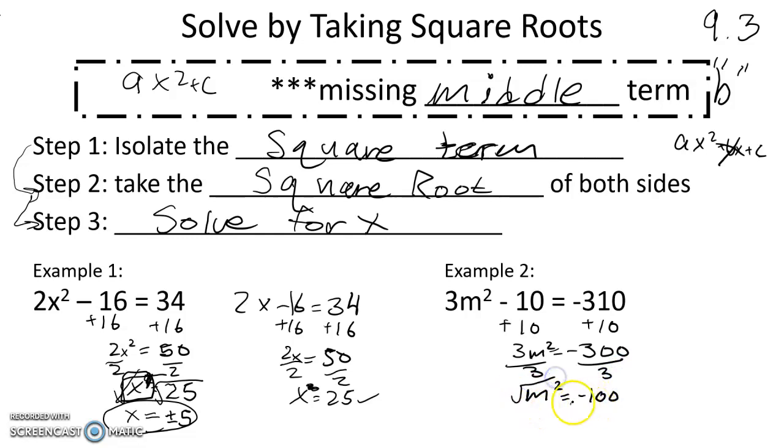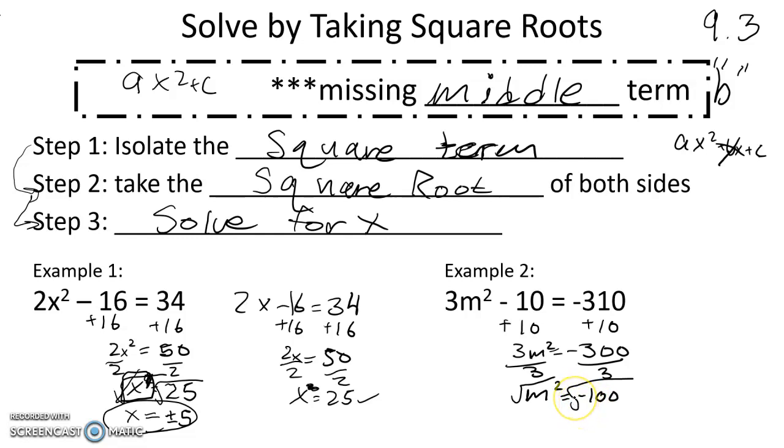Take the square root of these, and if you do it on a calculator, you're going to run into a problem. If you try to take the square root of a negative number, shoot, let me even try it on my phone calculator here. Now you can't really see it, but let me just see what it says. Negative square root says error. And the reason is because we cannot take the square root of a negative number, all right?